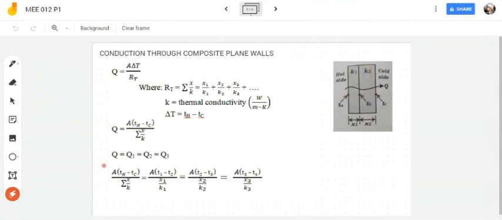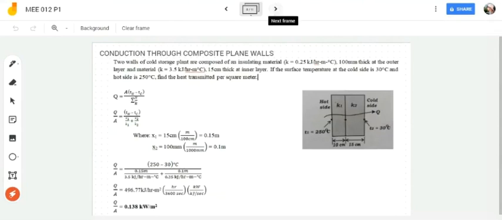So you can equate these equations, so that if one is unknown, you can get something from the value of the others. The heat transfer on these two walls is equal to the heat transfer on your wall 1 and also equal to the heat transfer on your wall 2. We will now have an example for conduction through a composite wall.